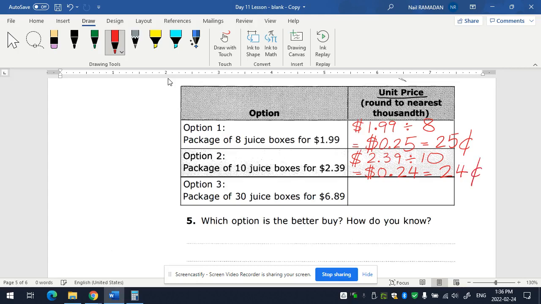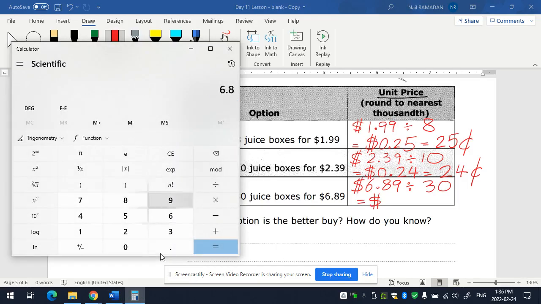24 cents. Final option, you get 30 juice boxes, the biggest case, but this time it's going to cost you $6.89, which makes perfect sense. So 6.89 divided by 30 small juice boxes equals, I can do this in my head, but I will do it here. 6.89 divided by 30. Wow. Okay.